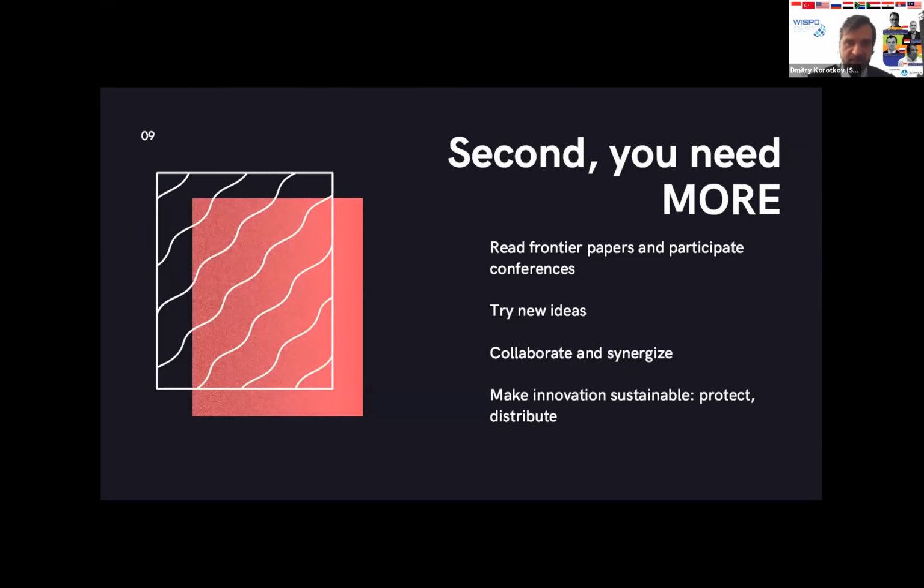Try new ideas. They say there is nothing worse than coming up with a good idea and not implementing it. So you can not only have your own ideas, but if you type into Wikipedia a list of unsolved problems in physics, mathematics, biology, economy, you will find the list of the top unsolved problems that could be solved in the future.